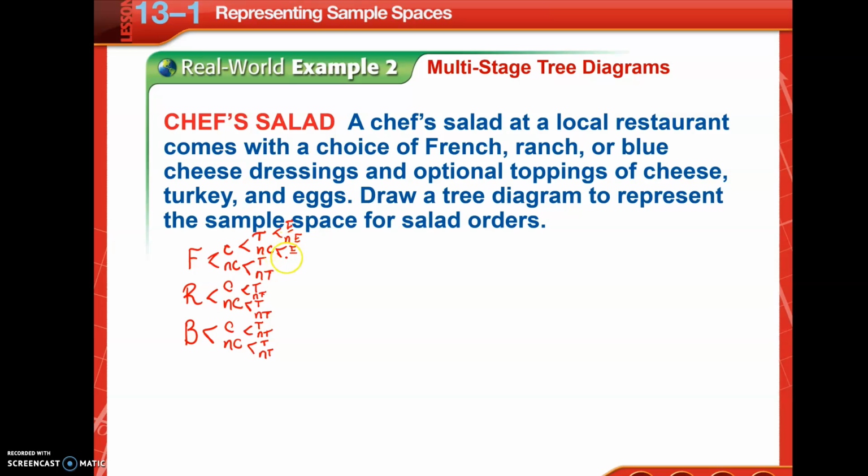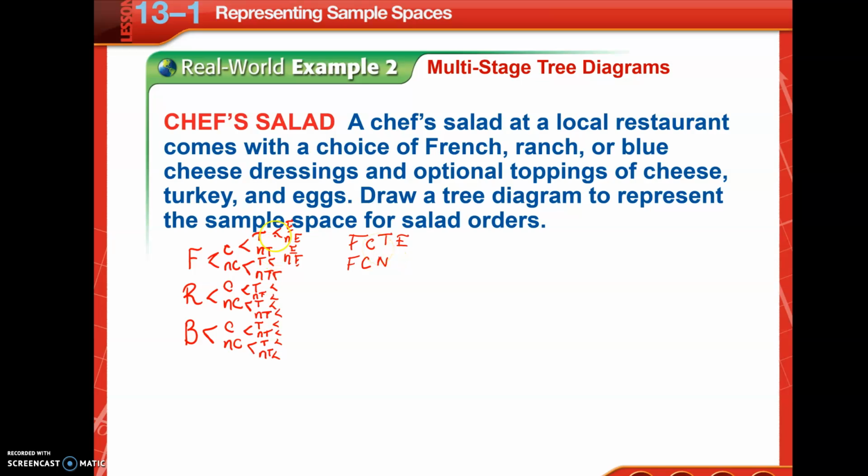Oh, I wish I would have made myself more room. And so forth. So each of these would then have that egg or no egg option. So then I could have French, cheese, turkey, egg, French, cheese, no turkey.